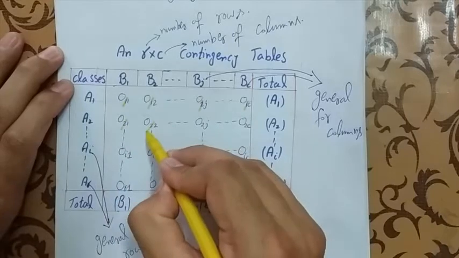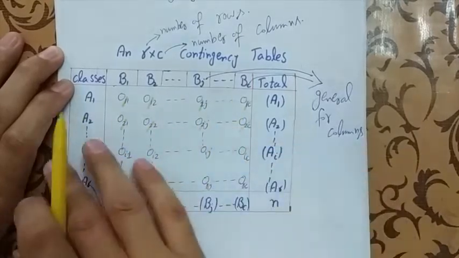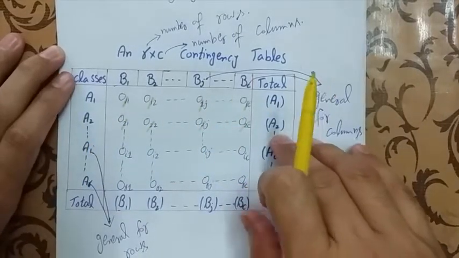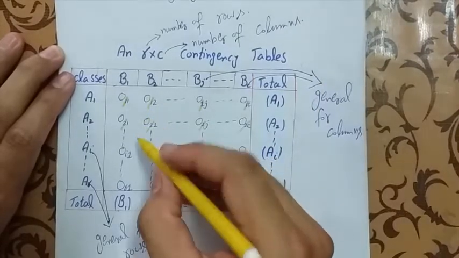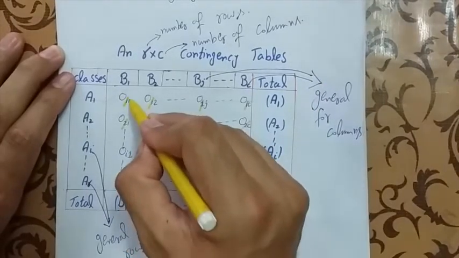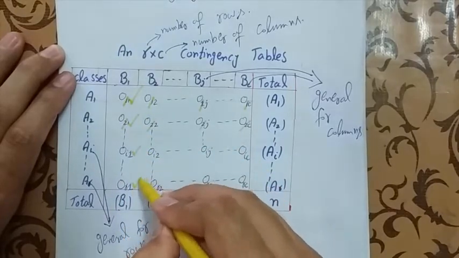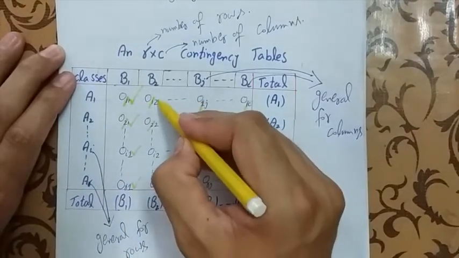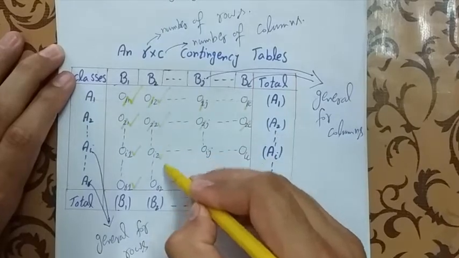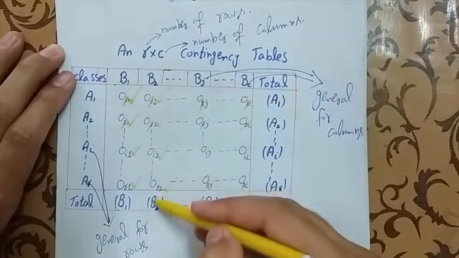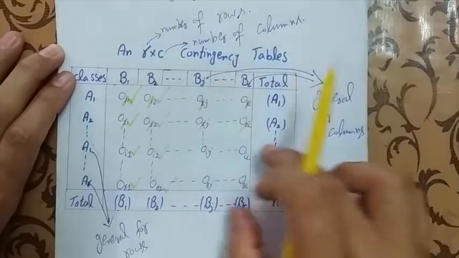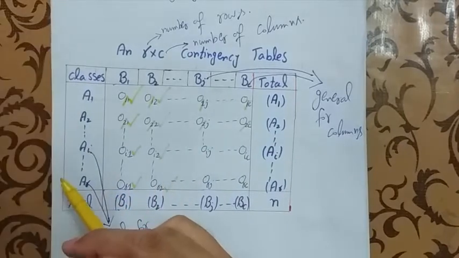These two show the second row, but this one shows the first column. These two and these two show the second column, and so on.